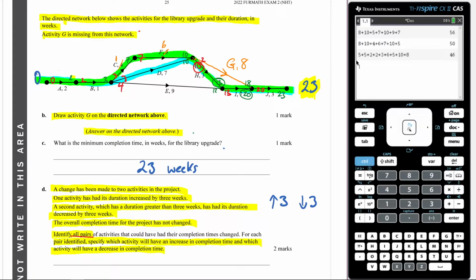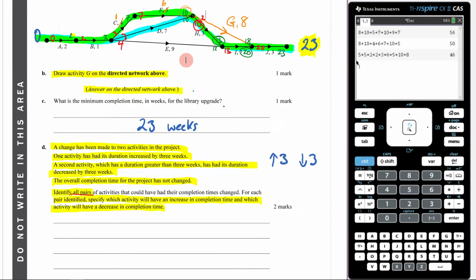If I now do that, 3 plus 1 is 4. 4 plus 6 is 10. I still get that 10 there, don't I? So nothing has changed. So that is my first pair. C will decrease and F will increase. There is one pair.